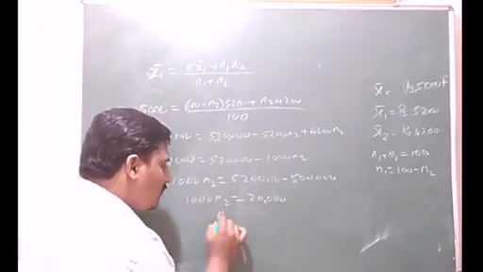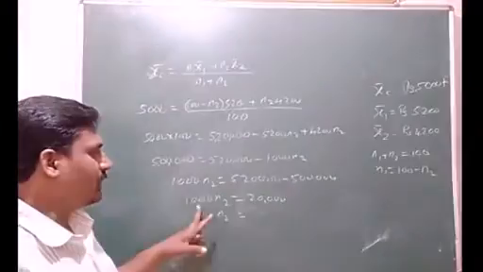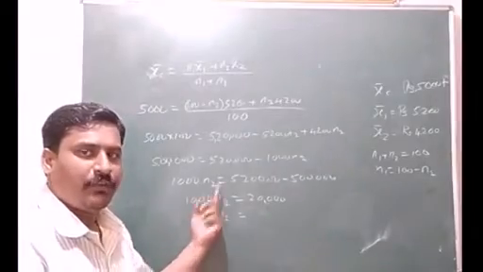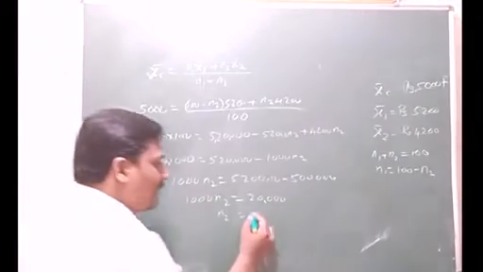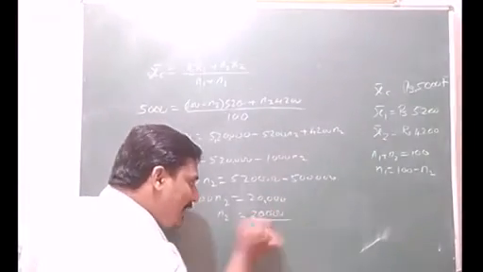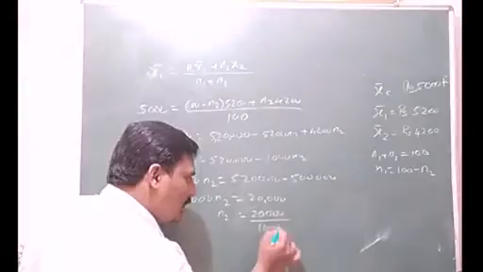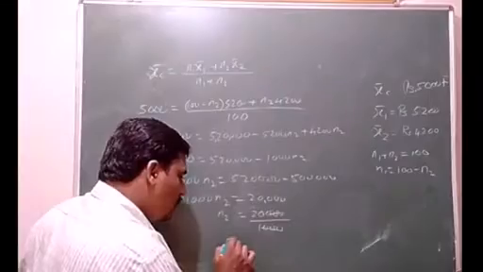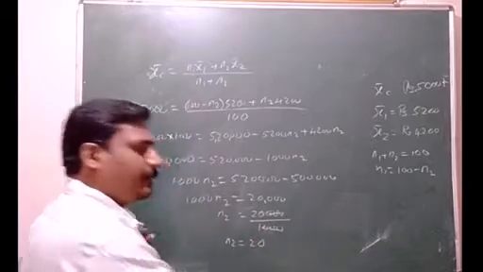Now send 1,000 to the other side. There is a multiplication sign between them, so on the opposite side it becomes divided by. So 20,000 divided by 1,000; three zeros get cancelled. Therefore, n2 is equal to 20.